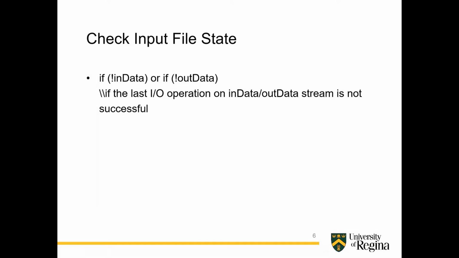It pretty much means if the last IO operation on the in data or out data stream is not successful. If we don't have the exclamation mark, the meaning of this if statement is going to change. It becomes if in data is successful or if out data is successful.